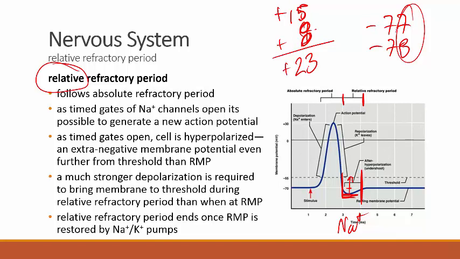So it's possible to do it. You just have to give it a lot more of a graded potential change arriving here at the axon hillock in order to get this section of the cell membrane to leave its relative refractory period and undergo another action potential, a new action potential.